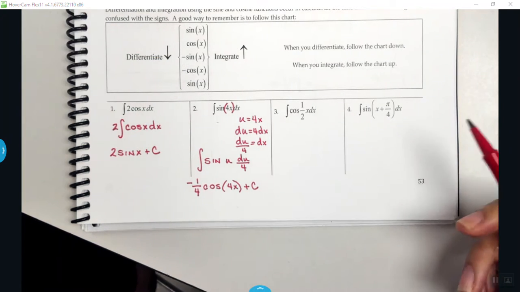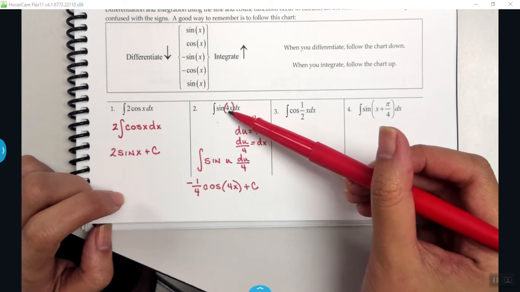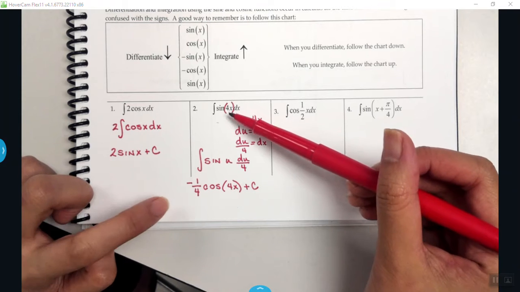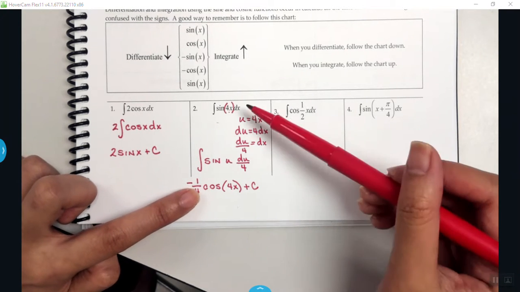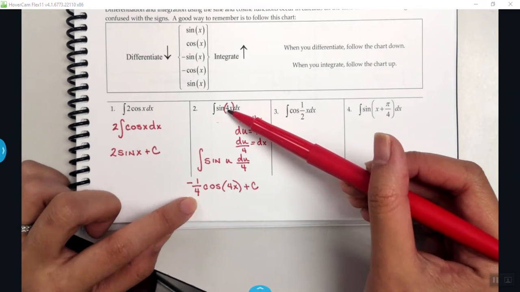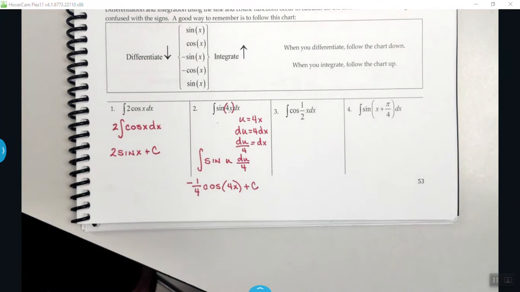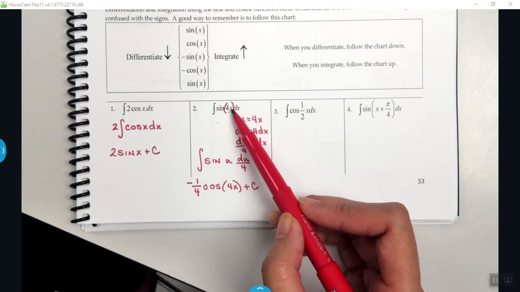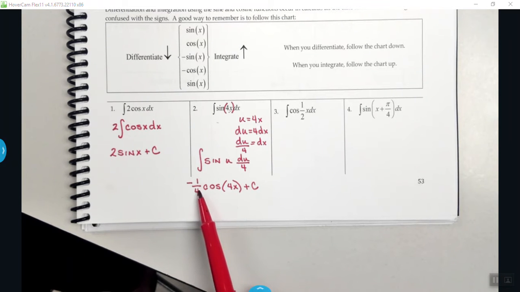Okay? But I would like you to get to the point where if you have a linear function in here, you don't have to do all of the steps of u sub. You just know to pull out the 1/4. Since the derivative of 4x is 4, you should pull out a 1/4. Okay, but you can only do that if it's linear. If this was 4x squared, you couldn't pull out a 1/2x.